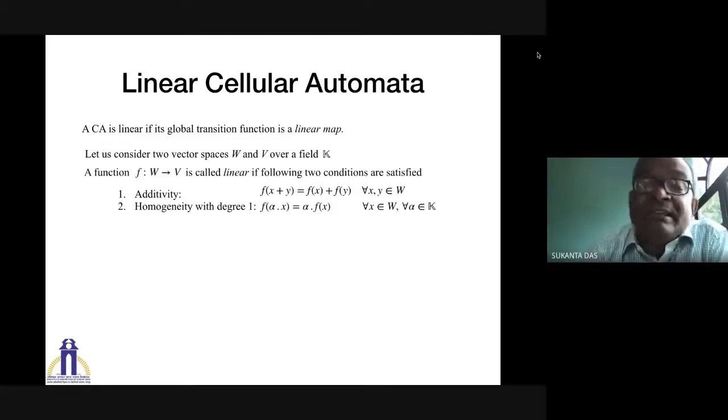But degree 1 means that the power k is 1. So to be linear, homogeneity is not the only requirement; it has to be homogeneous with degree 1. So f of alpha x is equal to alpha times f of x. If these two conditions are satisfied by a function f, we call that function linear.